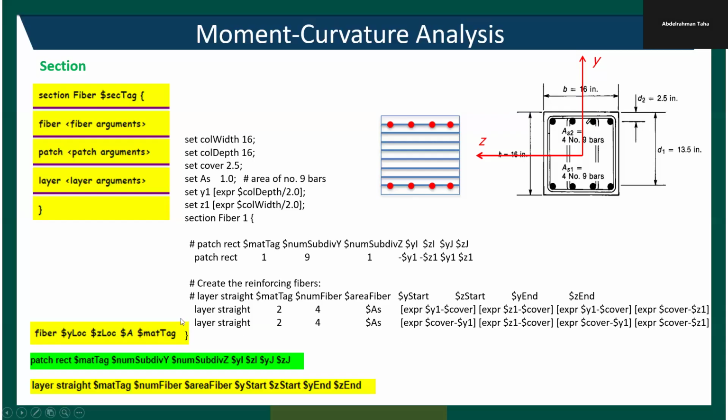This is for the top layer, and then we do the same for the bottom layer. The only difference would be the coordinates for the first and end nodes. Everything else will be the same. Okay, so this is how we define the cross section.